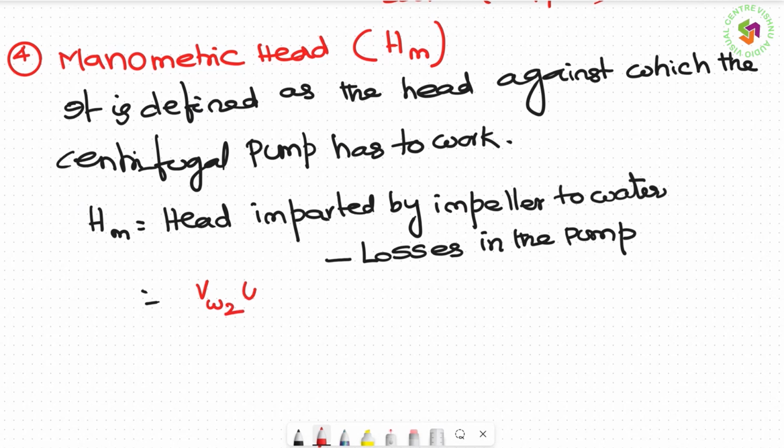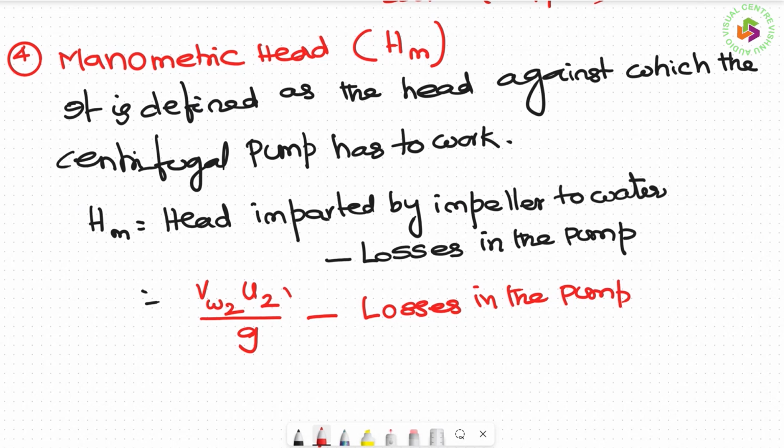It is Vw2 U2 by g minus losses. I have already clarified to you a number of times that Vw2 U2 by g basically corresponds to the head. See, velocity is meters per second, so it is meter square per second square divided by meter per second square, so the final unit is meters.